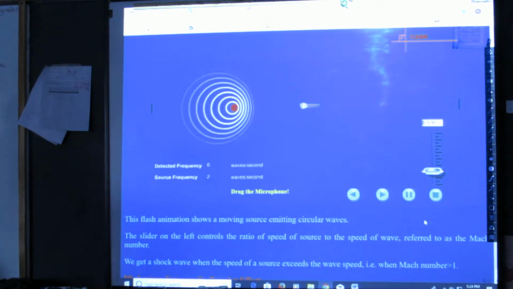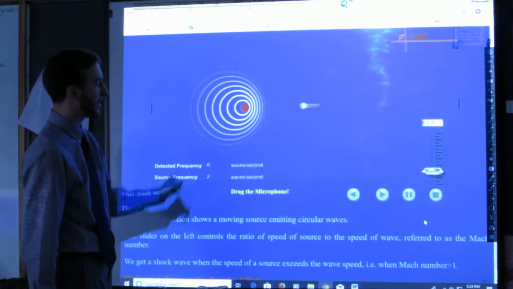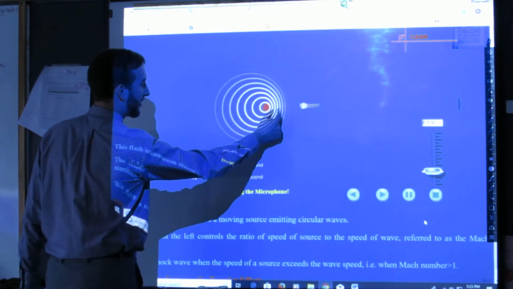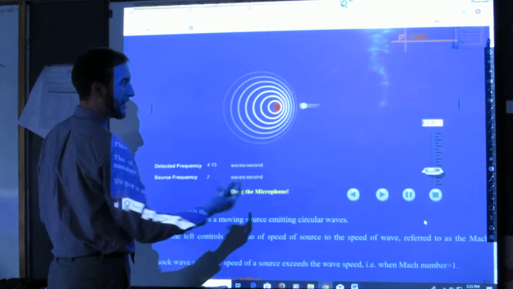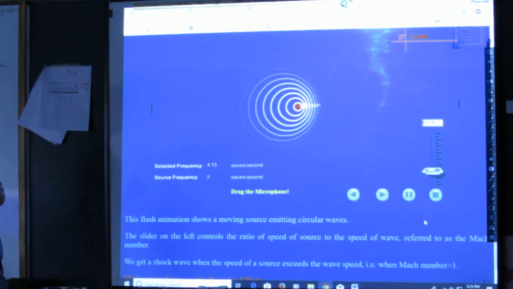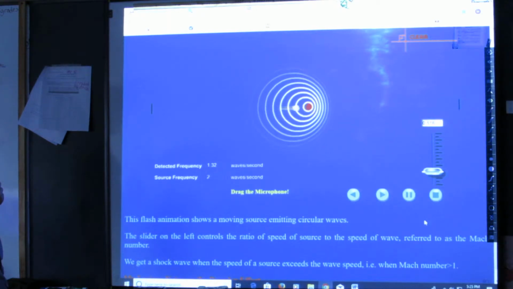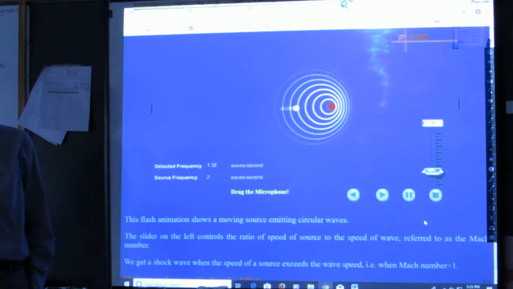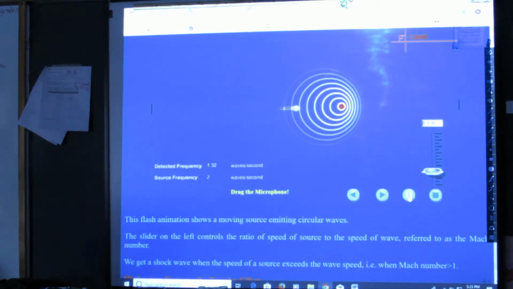Matter of fact, they're kind of squished on one side because the object is moving as it's creating these circles. So we have wave fronts, basically wavelengths, that are more compressed on one side. So, did you see what happened? We can try it one more time.